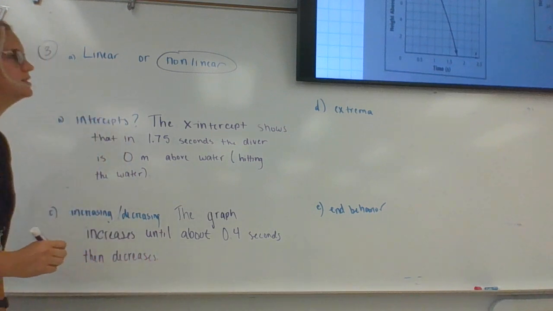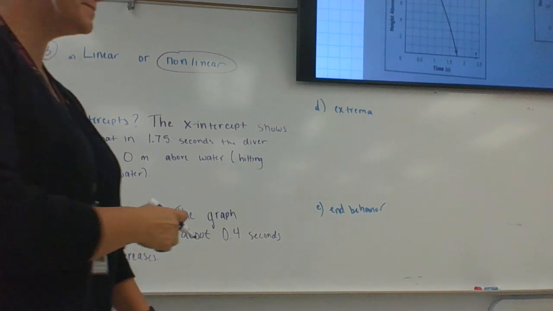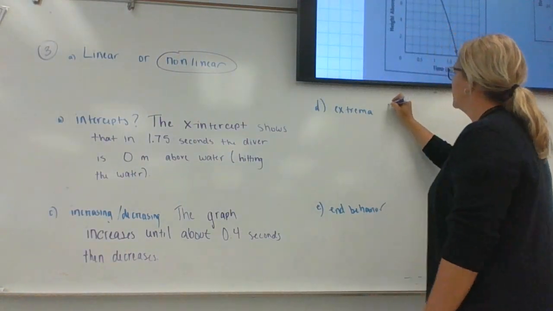This breakdown of the graph and putting it into words is going to make your interpretations of graphs so much stronger, forcing your brain to get in the habit of looking at all these little details. Extrema.